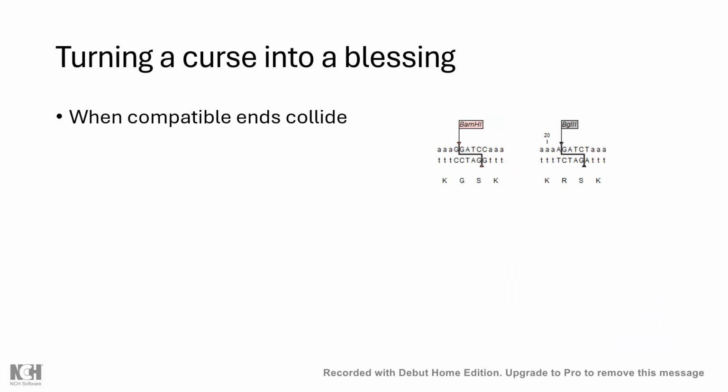So let's go further back into turning a curse into a blessing. When I was talking about using compatible ends to get past the whole 'I must use BAM and NOT in my vector' issue, which is a reasonable passion. So yeah, you've got BAM and Bagel, these two closely related cousins, even though they're from different organisms. And then you cut them, yay.